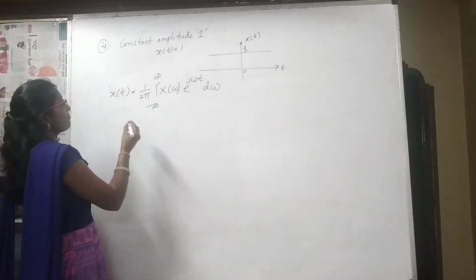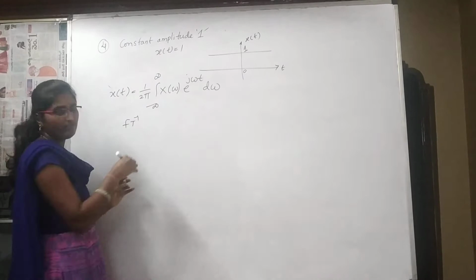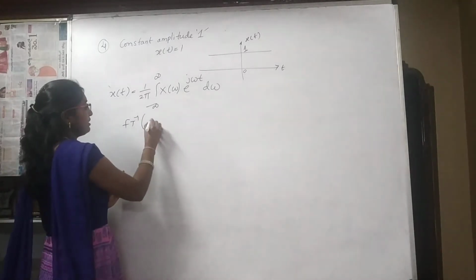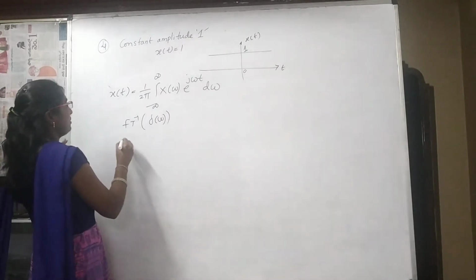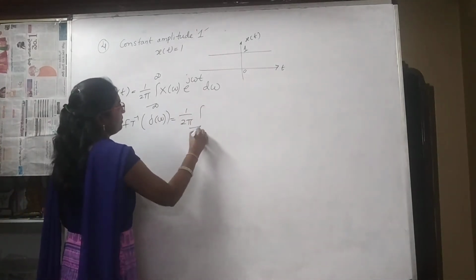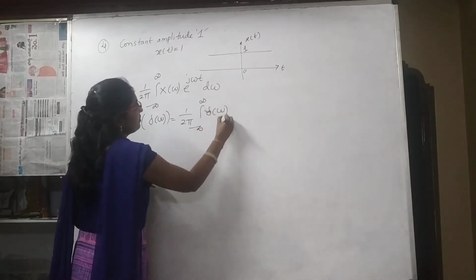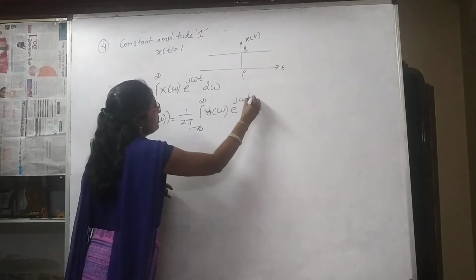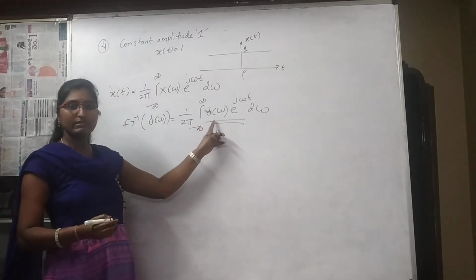And now I want to know the inverse Fourier transform. I can write FT inverse also. Inverse Fourier transform of del of omega, that is 1 by 2 pi integral over del of omega e power j omega t d omega. And here this is also an impulse function only.